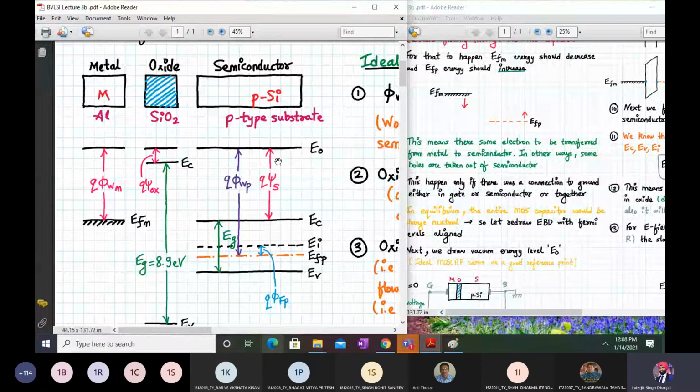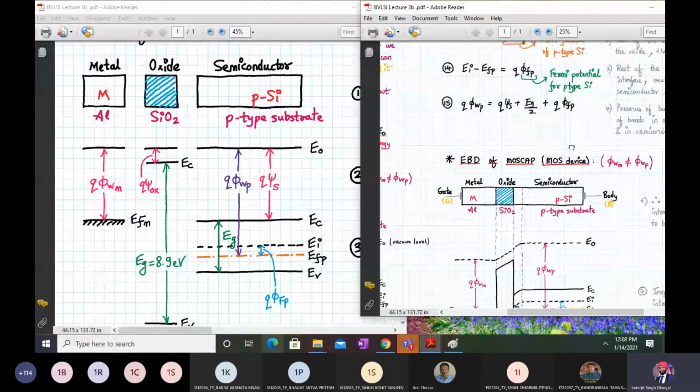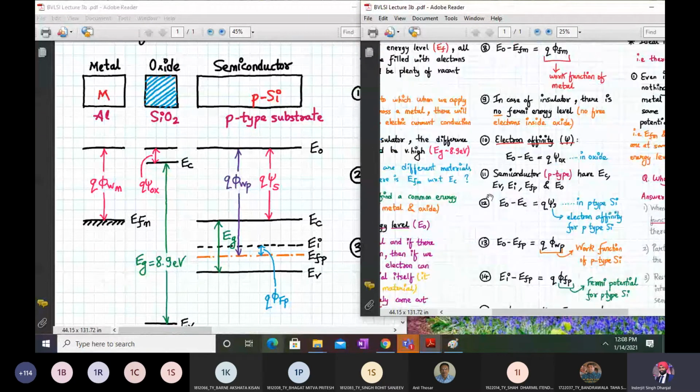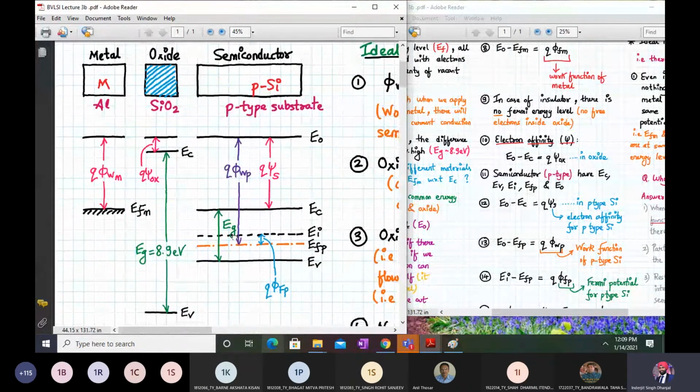Q into psi S is the electron affinity for P-type silicon, so E naught minus EC is Q into psi S. Then E naught minus EFP is Q into phi WP, which is the work function for p-type silicon. Correct? We have already seen this before.